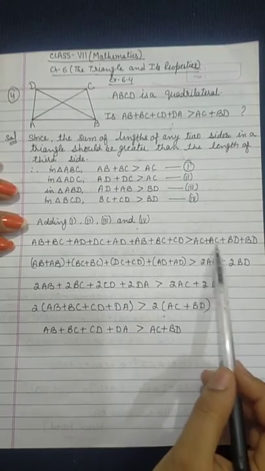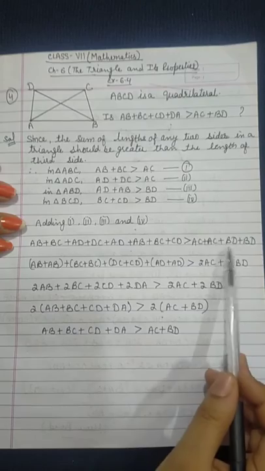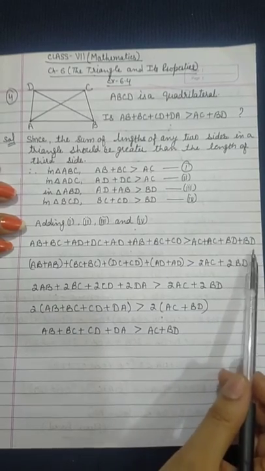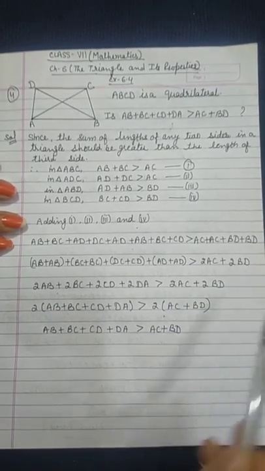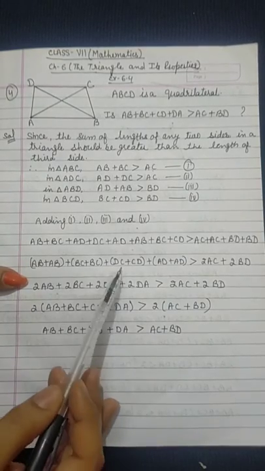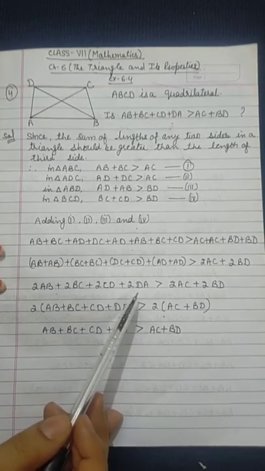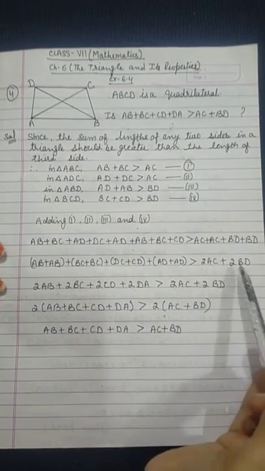And here AC plus AC is twice, so 2 times AC, plus BD plus BD, again twice, so 2 times BD. So we get 2 times AB plus 2 times BC plus 2 times CD plus 2 times AD or DA, whatever you want to write, plus 2 times AC plus 2 times BD.